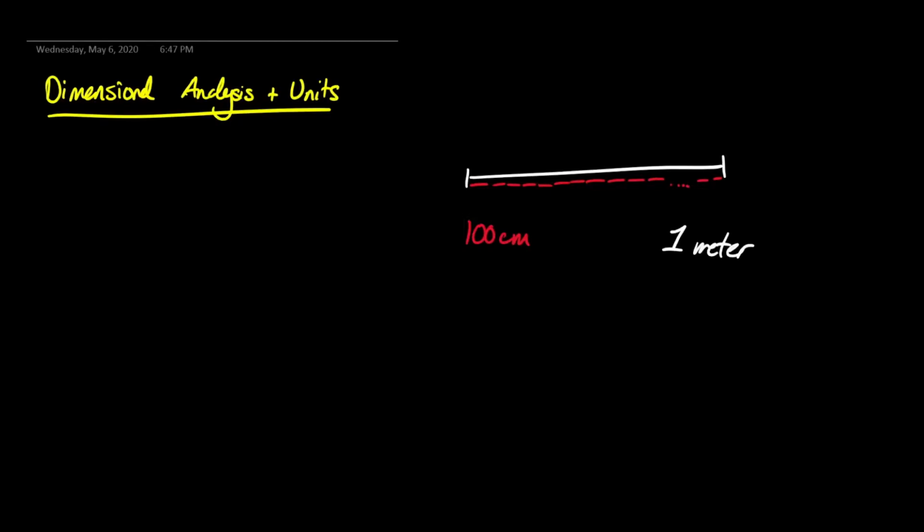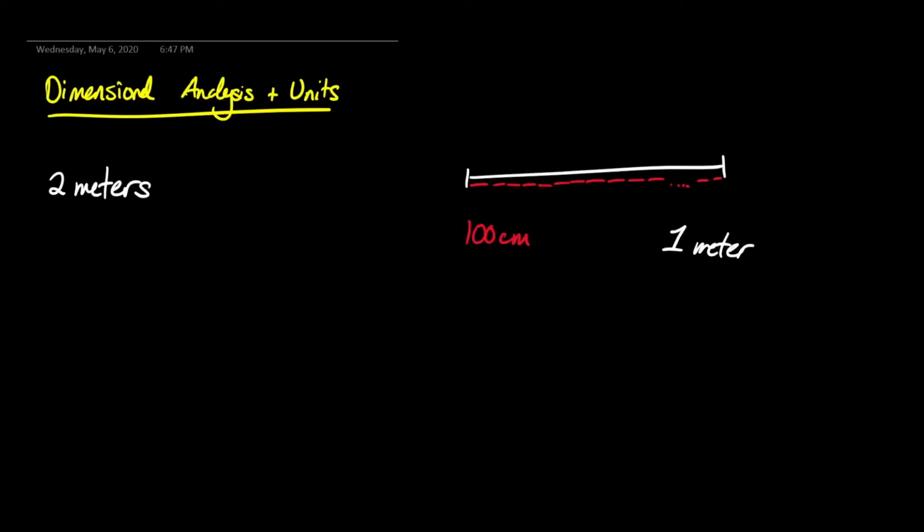Now, to actually mathematically convert between the two, there are some steps you can take. Before we get into the reliable ways that you'll apply to your physics problems, we'll just do the familiar way of converting 2 meters to centimeters.